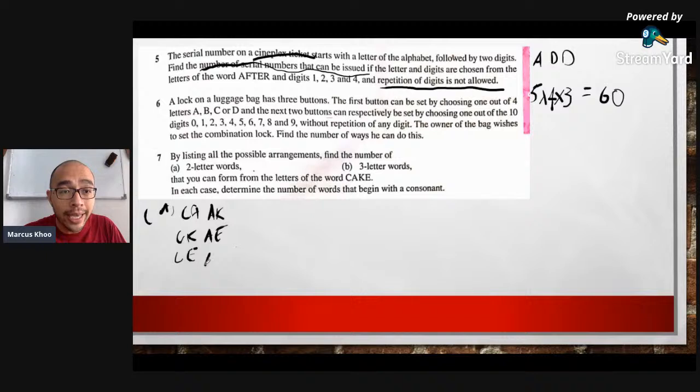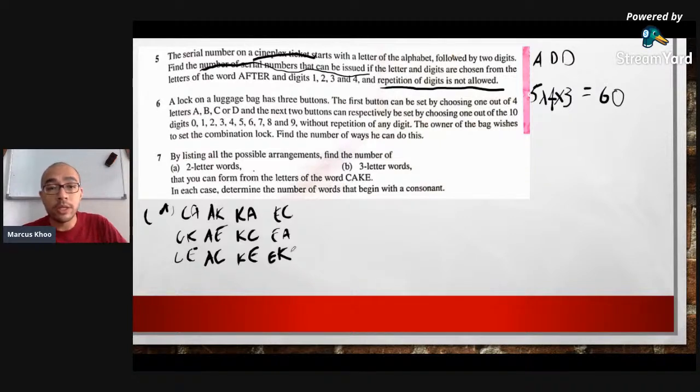And remember, A-C is also an arrangement because C-A and A-C are 2 different arrangements. Okay, apa lagi? K-A, K-C, and K-E. And then the last one, E-C, E-A, and E-K. So you have 12 possible arrangements.